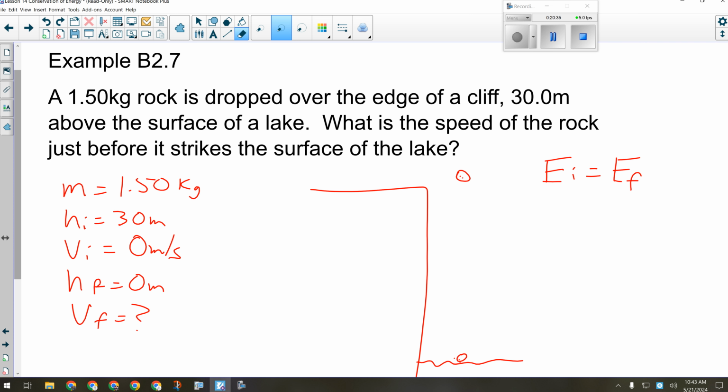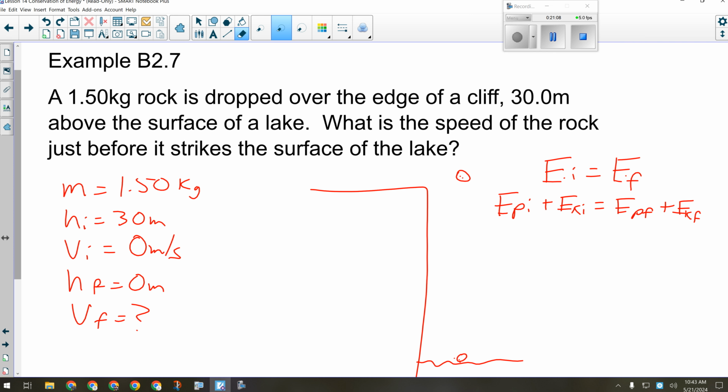So when I write this, what I'm really saying is this. The initial potential plus the initial kinetic equals the final potential plus the final kinetic. Mechanical energy initial equals mechanical energy final. We calculate mechanical energy by adding together the kinetic and the potential. But as we just identified, some of these energies are zero in this question because of the context, because of the situation.